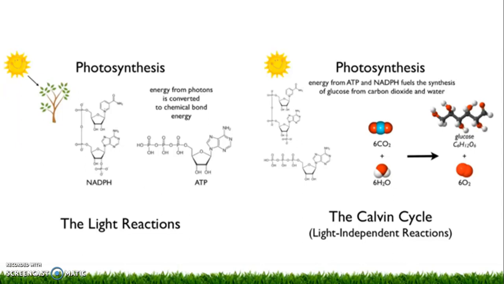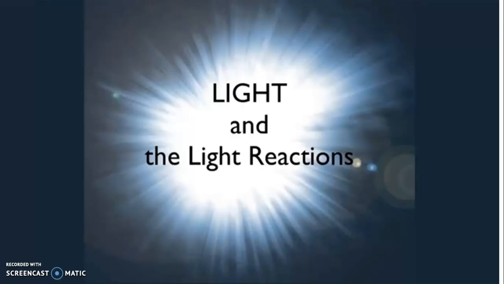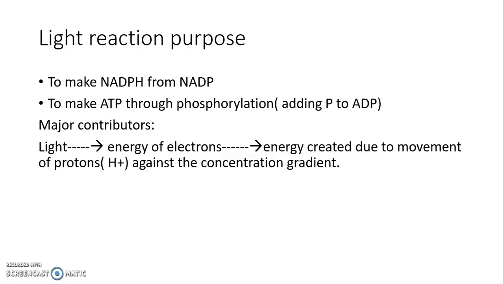But in this video we are going to learn the details of how the energy is produced in the form of ATP and NADPH in the light reaction. The main purpose of the light reaction is to make NADPH from NADP and to make ATP through the phosphorylation of ADP, that is, adding a phosphate to ADP to convert it into ATP.